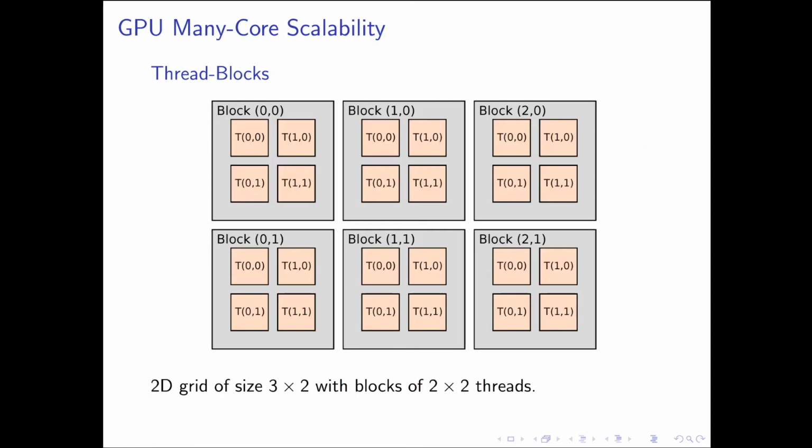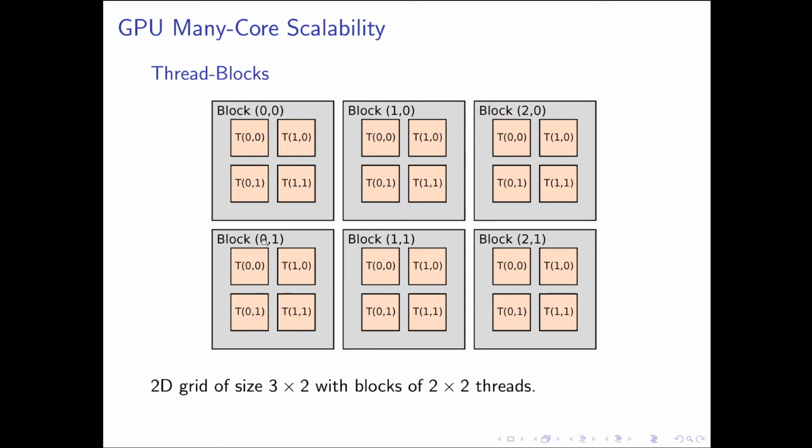So here is basically the same image that I showed you earlier for the two-dimensional case, where you can see the indexing scheme once again. Like, we have an indexing scheme where we have two-dimensional block indices. Like, this here is the block 0, 0. This is the block 1, 0. And in the second row, we would again have an x index of 0, 1, and 2, but the row index would be 1 here.